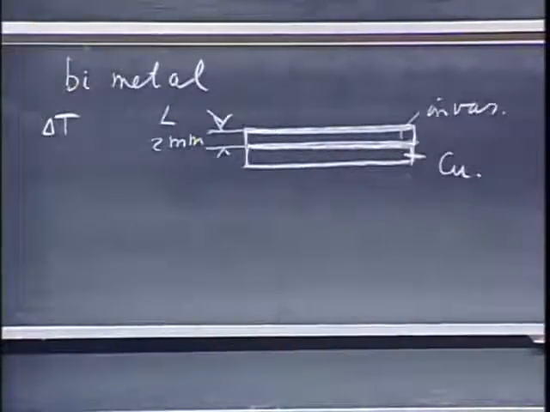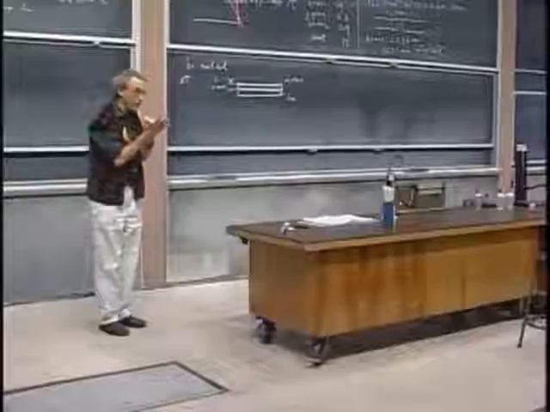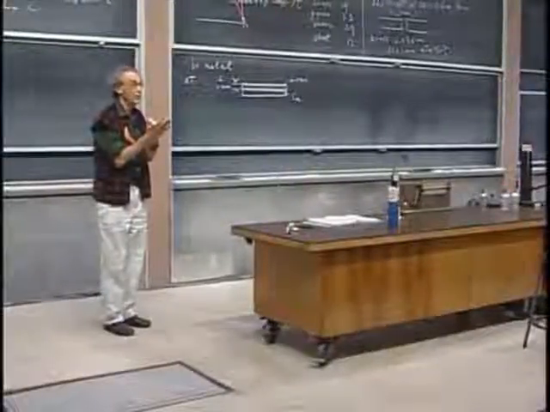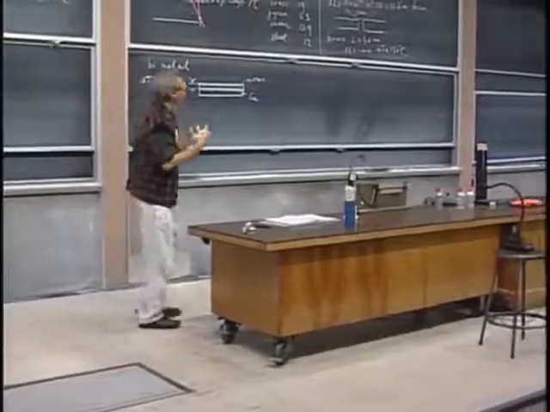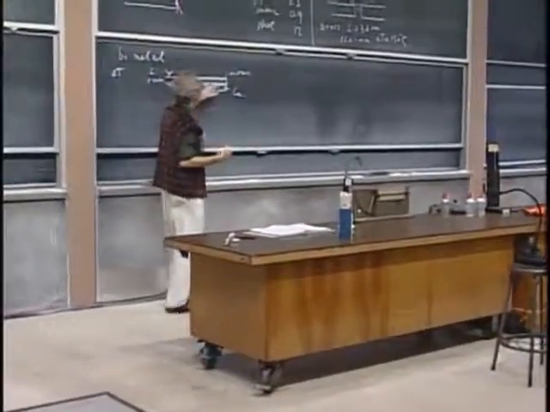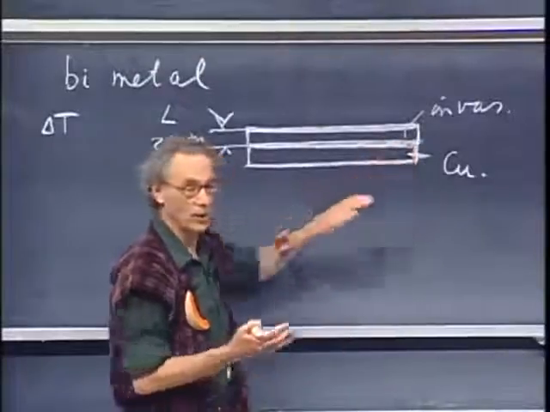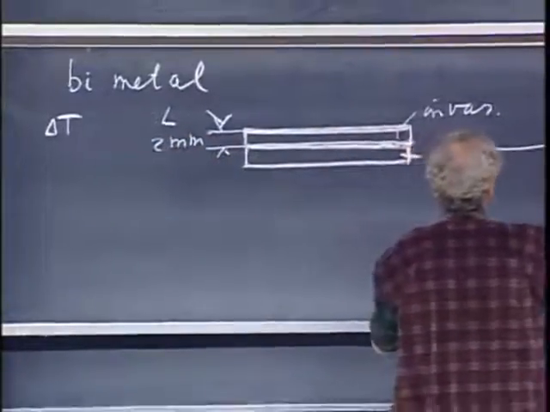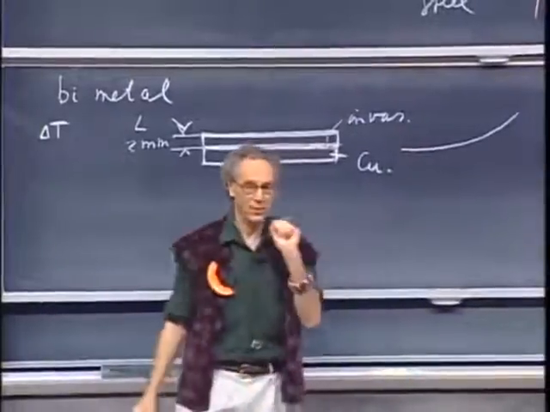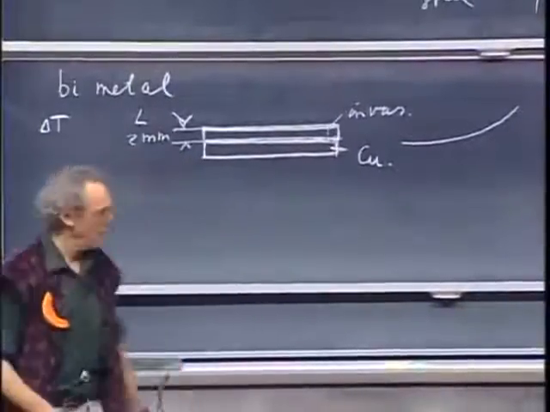What do you think will happen? They're stuck together, they can't slip relative to each other. What will they do? They will bend. And since the invar is not going to expand very much, but the copper will, if you heat it up, it will go like this. And we'll see that there are many applications of that.